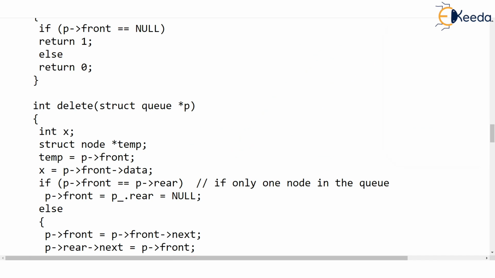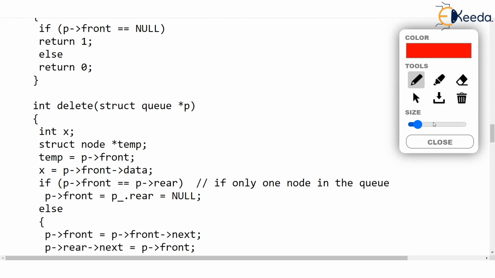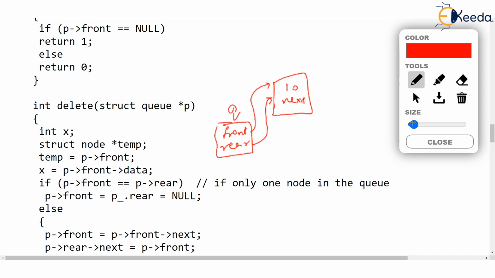To understand why that condition is needed, let us assume that we have called delete with the queue's front pointing to 10. This is the first node, so the frontmost node, and rear also pointing to 10. That can very well happen if this is the only node remaining. There is only one node in the queue. In that case, next of this 10, please try to understand this, will point back wherever front is pointing.